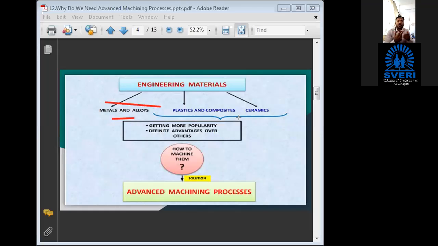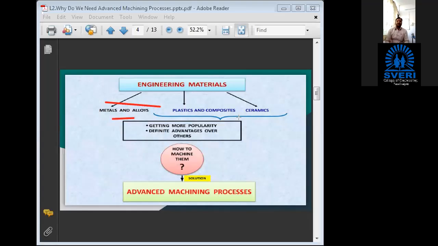Materials like plastic, ceramic, or composites, whether natural composite or fiber, are more popular among industry users, and more research is going on in that field today, as compared to metals.